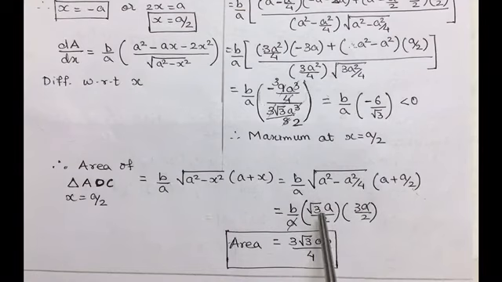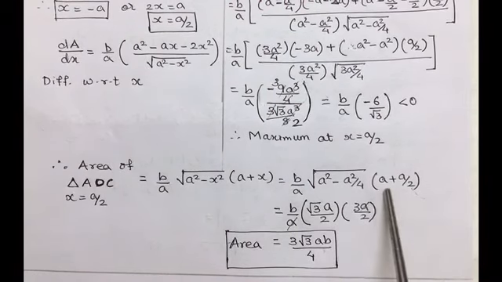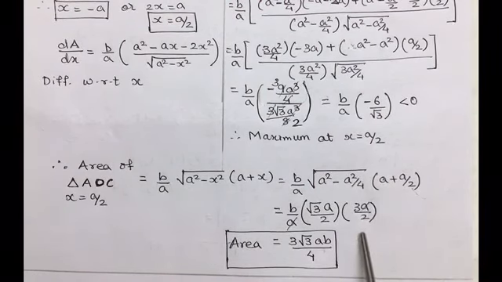Taking out the LCM here, inside the root we get root 3a by 2. Here also calculating LCM, we will get 3a by 2. Cancellation of a and a. The final area of the triangle which is inscribed inside the ellipse is 3 root 3 ab upon 4, and this one will be the maximum area.